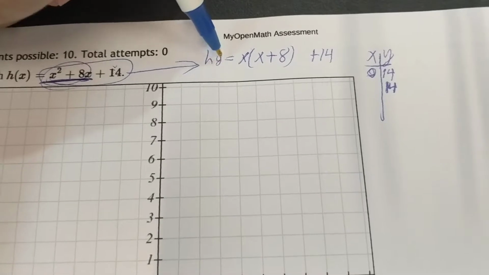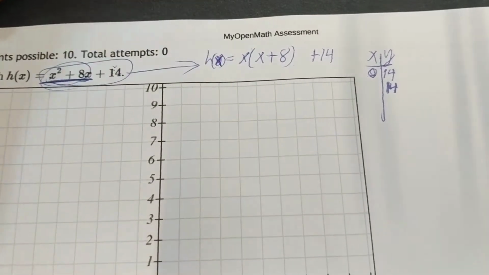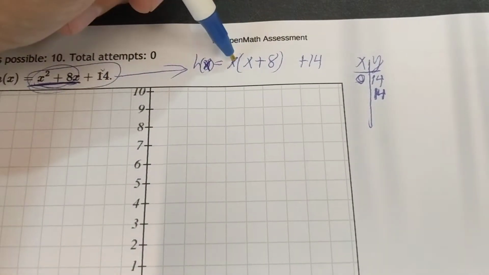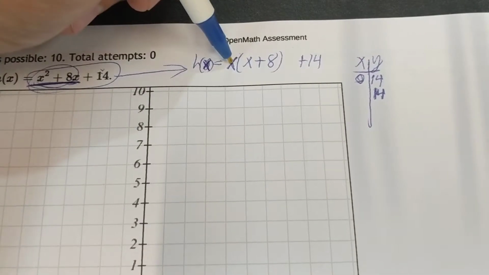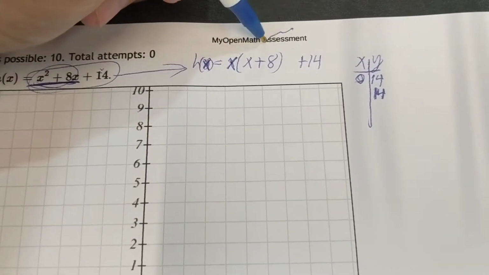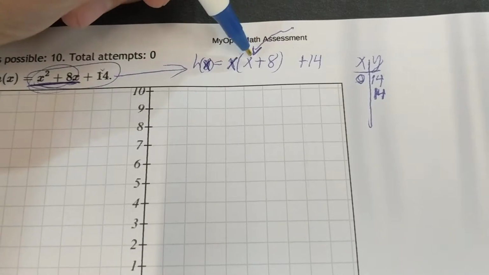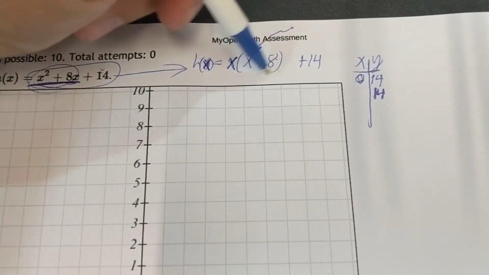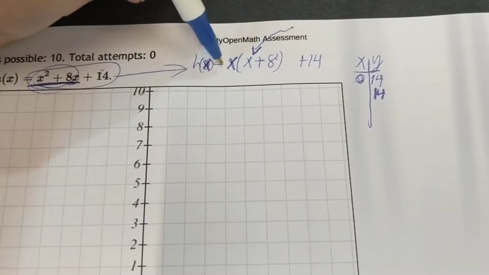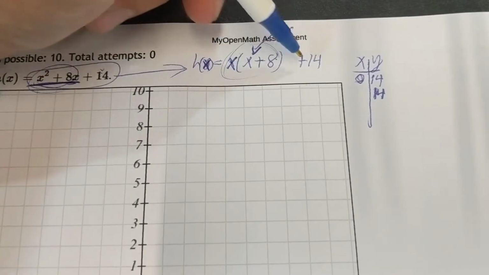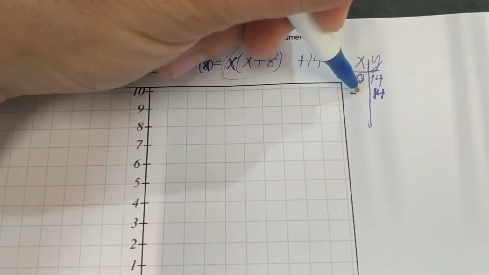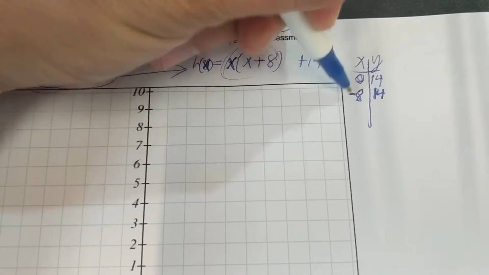Now that it's in factored form, I can see my new 0. Old 0 was at 0, so I could plug in 0 there. But also a new 0: if I do negative 8 here, negative 8 plus 8 makes this into a 0. And when I times it by whatever, I'll still get 0 plus 14. So new 0 is negative 8, which will also give me 14 out.